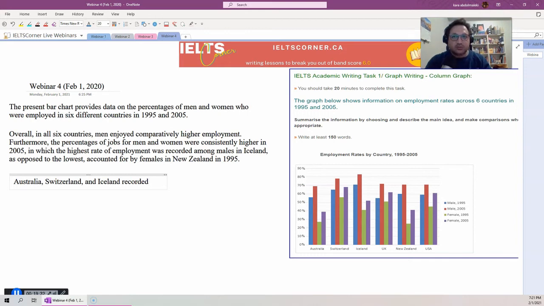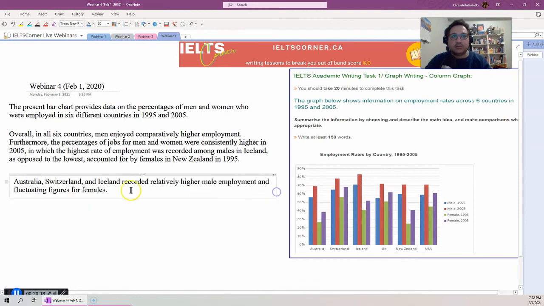Because we talked about that there, here we just need to mention it in brief. Okay, relatively higher male employment, and let's say fluctuating figures for females.